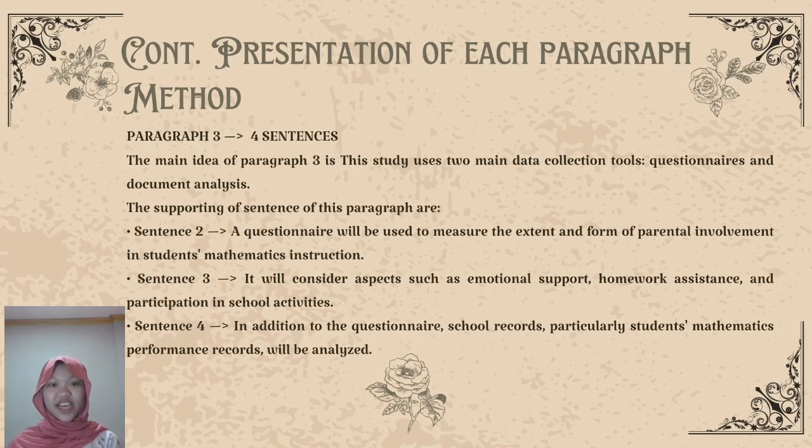Sentence 3 contains, it will consider aspects such as emotional support, homework assistance, and participation in school activities. And sentence 4 contains, in addition to questionnaires, school records, particularly students' mathematics performance reports, will be analyzed.